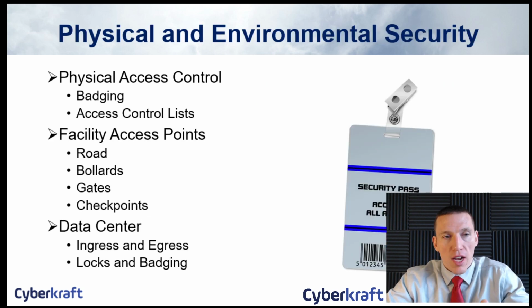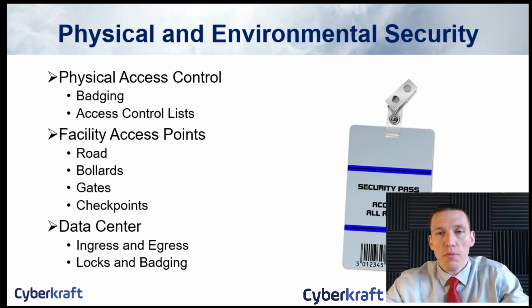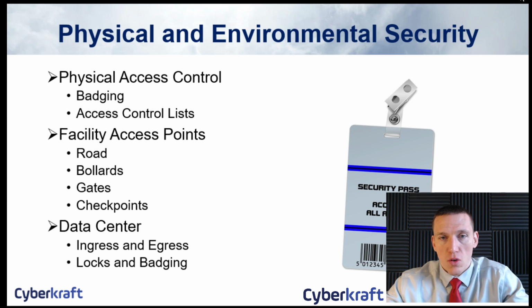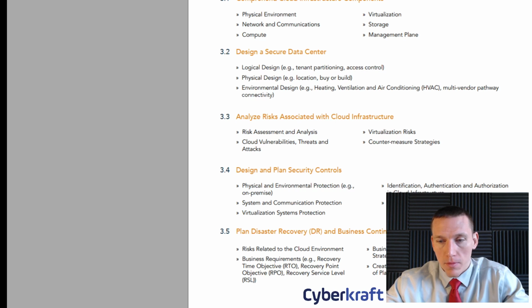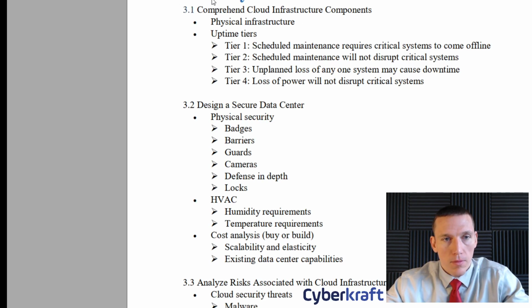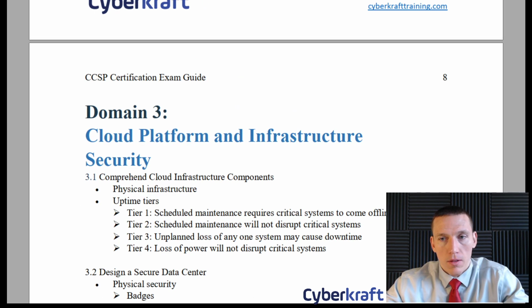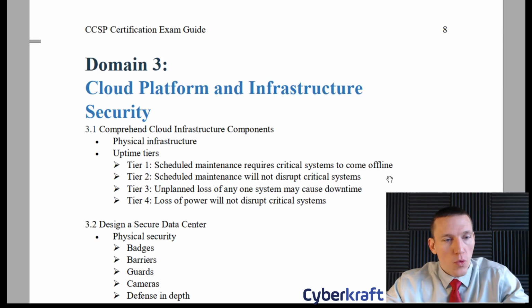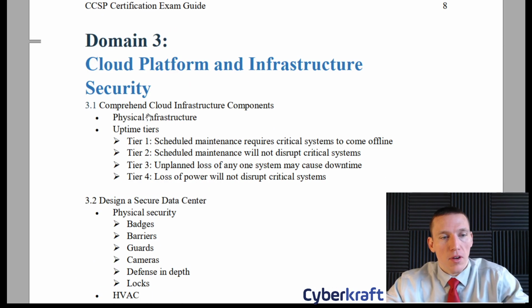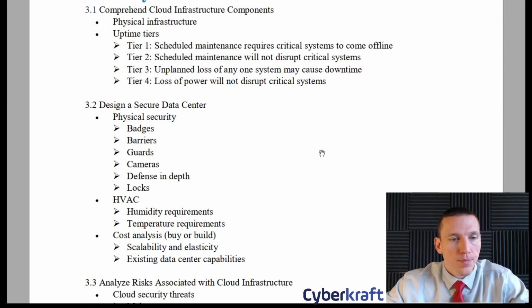Okay, let's talk about some different vulnerabilities when it comes to this domain. So we're in domain 3, talking about 3.1, which is the physical infrastructure and the uptime tiers.